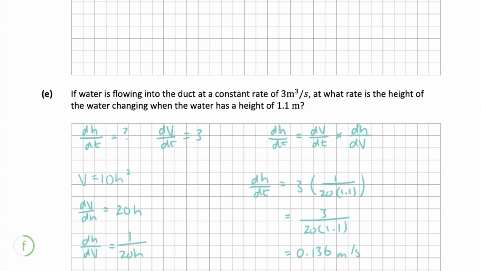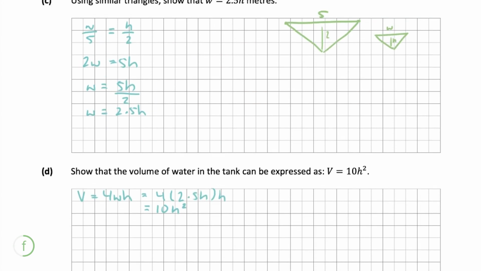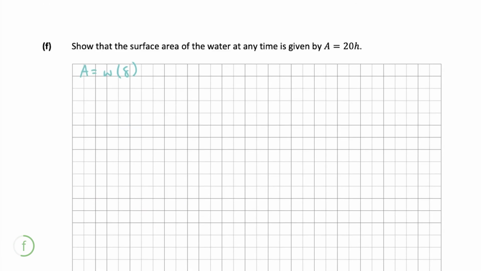We know from part C that W is equal to 2.5h, so we can put that in: 2.5h multiplied by 8. Once you multiply that out, 2.5 by 8 is 20h meters squared.